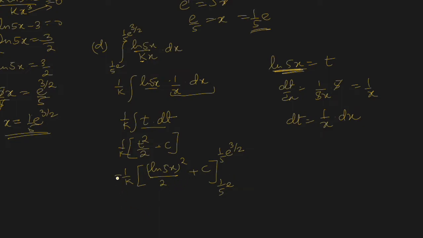They've given that this is equal to 3. In the question they said the area under that curve is 3. So let's bring 3 here now: 3 equal to 1 over k. So ln 5x, let's put this one first. So ln 5x, where x is 1 over 5 e to the power 3 over 2.